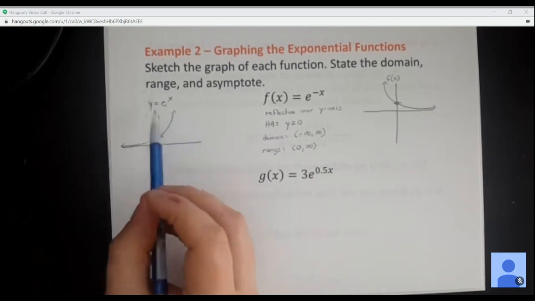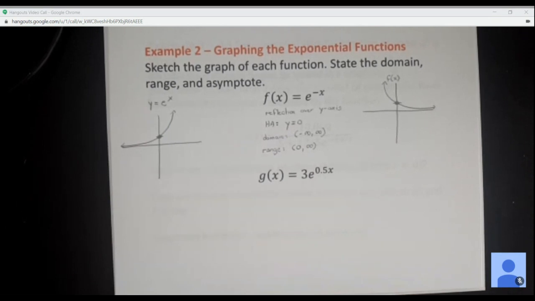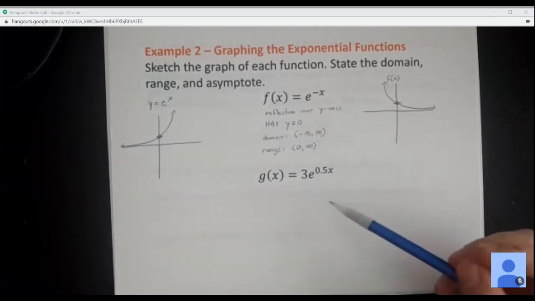Okay, so again, thinking about this function here, what transformations are we doing to get that graph? So start with the 3.